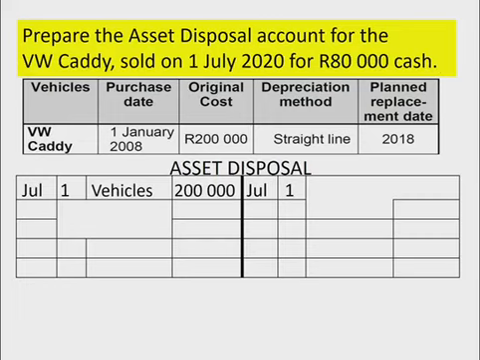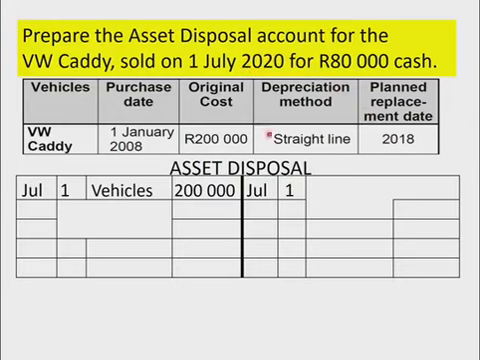Okay, so now we have the cost price, but remember that we are on the 1st of July 2020. We are past the date of the life expectancy of the caddy. The caddy is only supposed to last 10 years, but we are already past the life expectancy.